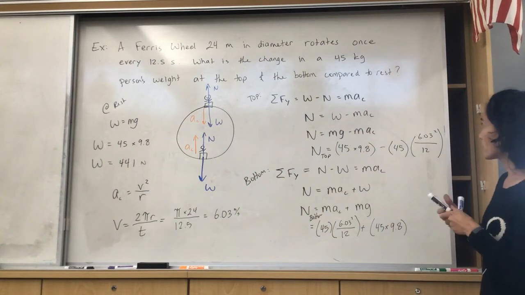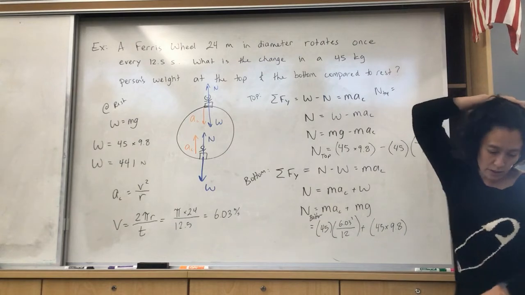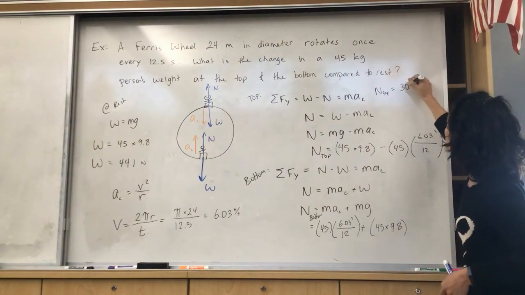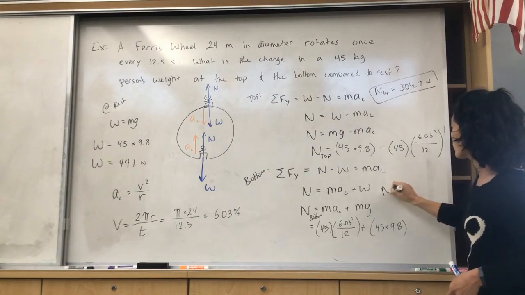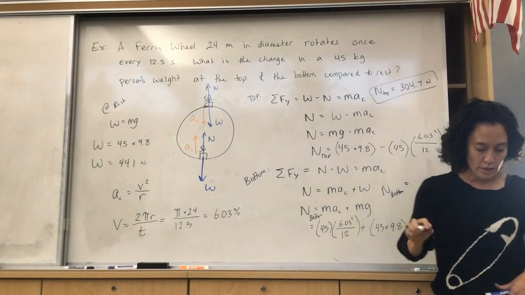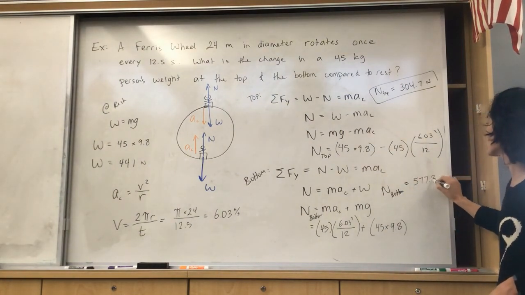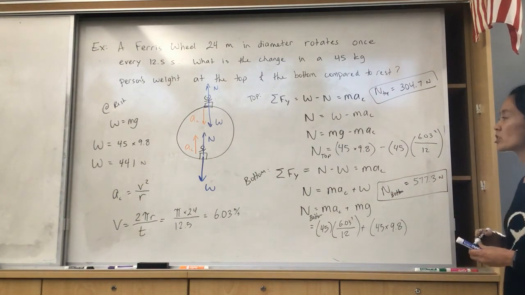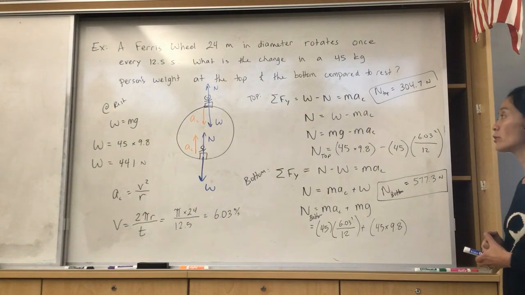And I get that the normal at the top is 304.7, and that the normal force on the bottom is 577.3. So hopefully you got those similar numbers, and that again should make sense in terms of how normal force has to counter inertia.